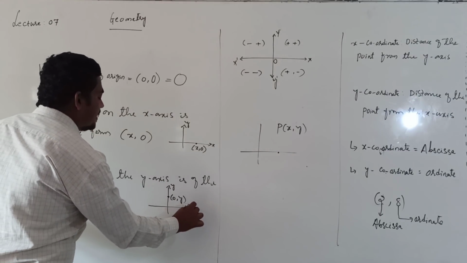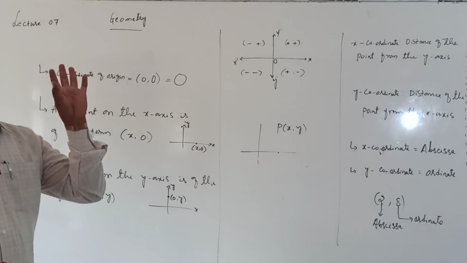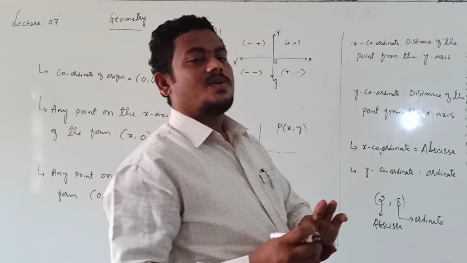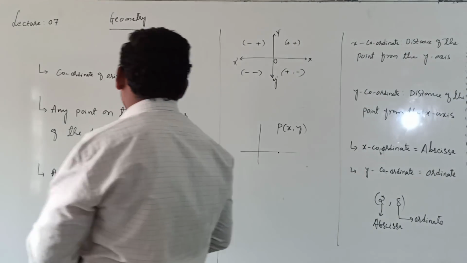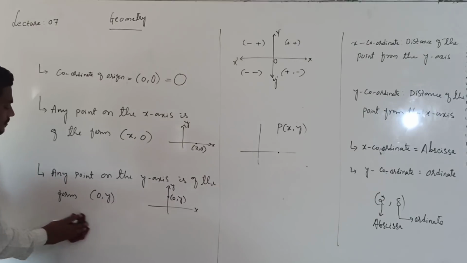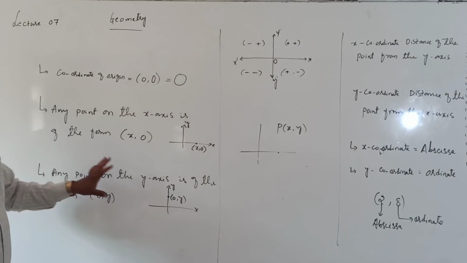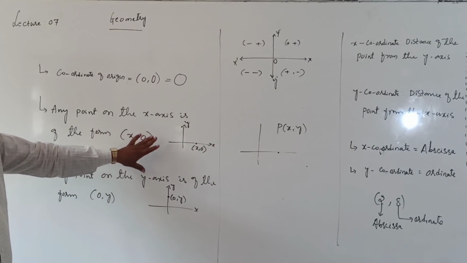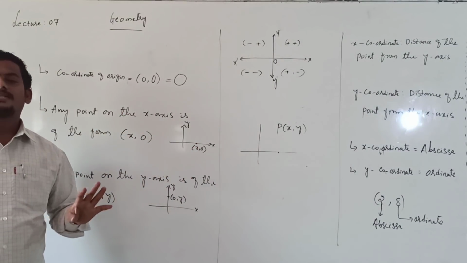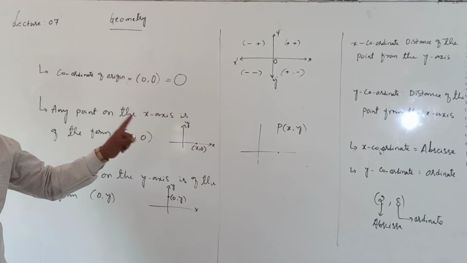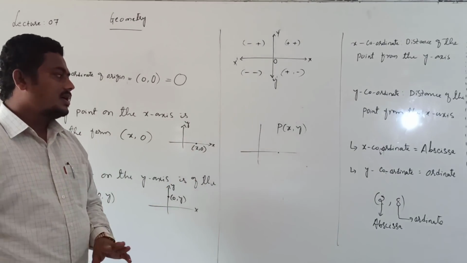It is y-axis, it is x-axis. On the x-axis, y coordinate 0. On the y-axis, x coordinate 0. Just remember these points. Any point on the x-axis is of the form x comma 0.